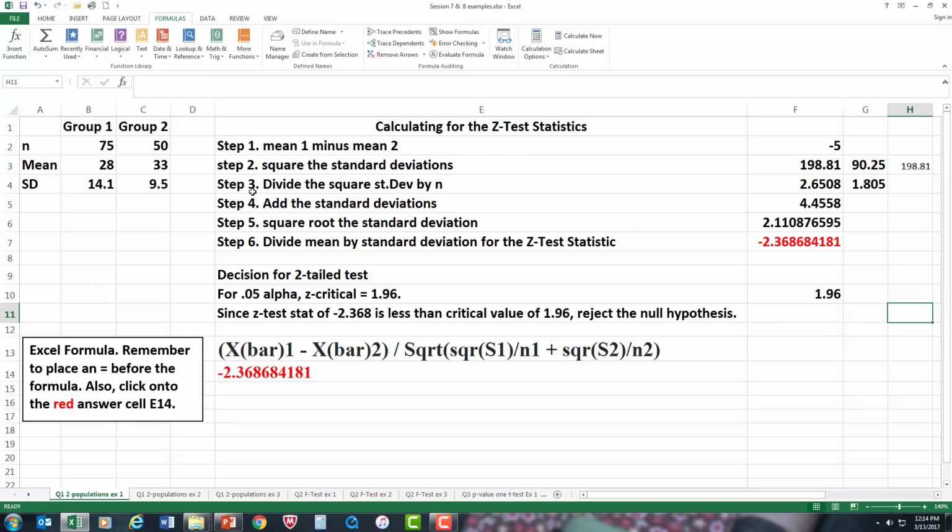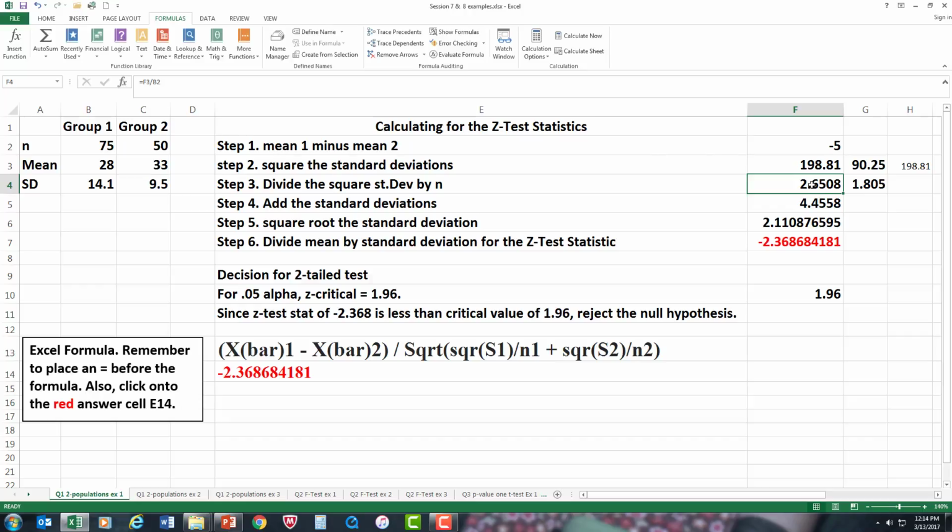Alright. Your next step is to divide the squared standard deviation by the sample population. If I click in here, you can see it's F3 in this case, divided by B2, that's 75.